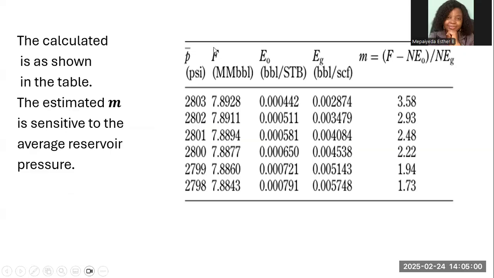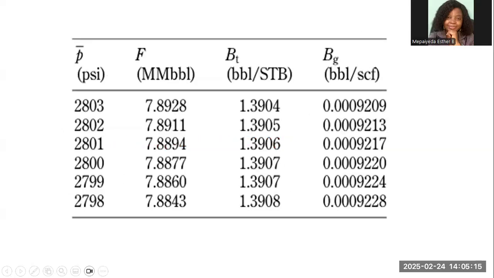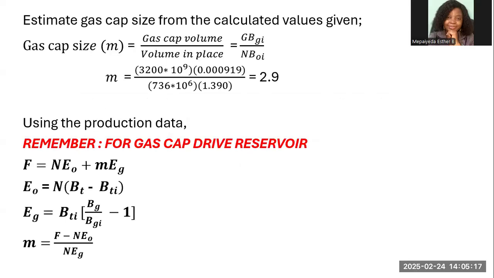If you calculate your F, your Eo, your Eg, you've been given your F. So all you need to estimate is your Eo, which is N into Bt minus Bti.